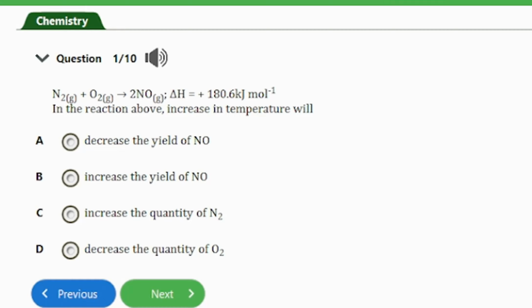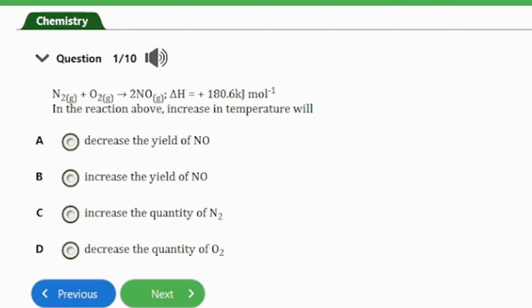So guys, we're starting with the first question here, and here we have an equation of a reaction. We have N2, which is nitrogen gas, plus O2, which is oxygen gas, reacting to produce 2NO gas, that's nitrogen monoxide gas.